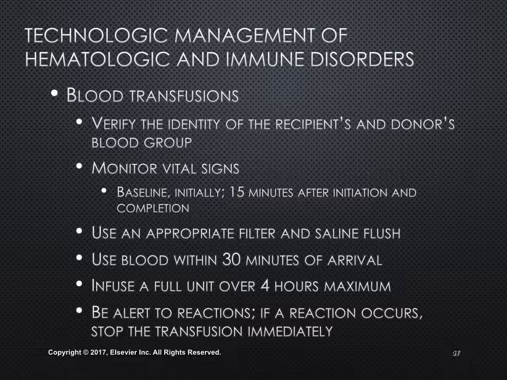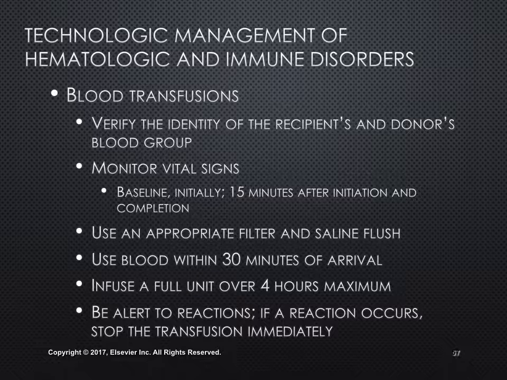If for some reason a child or an adult cannot tolerate the volume that is needed to be given in their blood transfusion, and the doctor orders it to be given over a longer period than 4 hours, what we do is we ask the blood bank to split the blood that's going to be transfused.